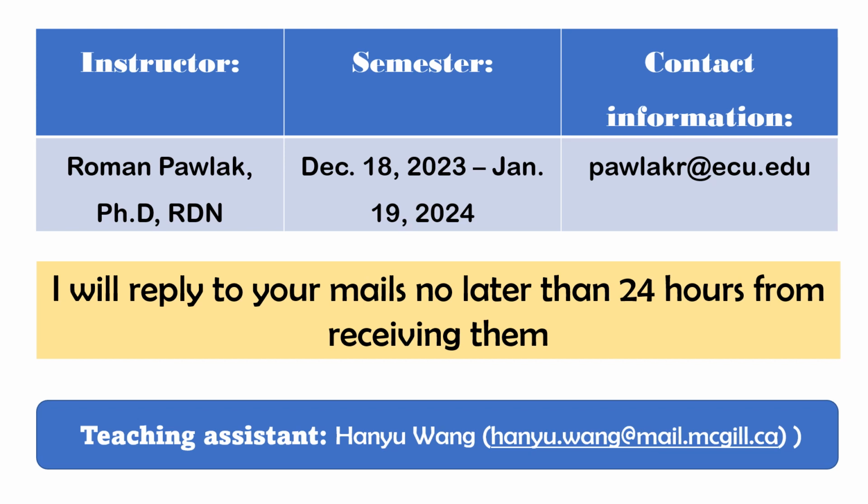And so my request is that every time you email me, you also include her in that email. You put her email as well, because she is very good in letting me know that I haven't replied to a particular email that she received. That is, if the email that you sent included my email address as well as her email address.